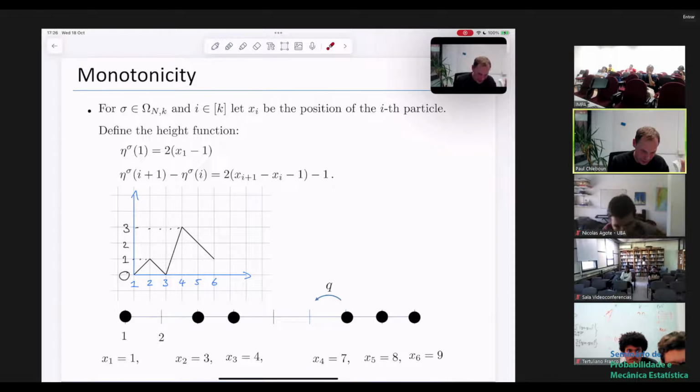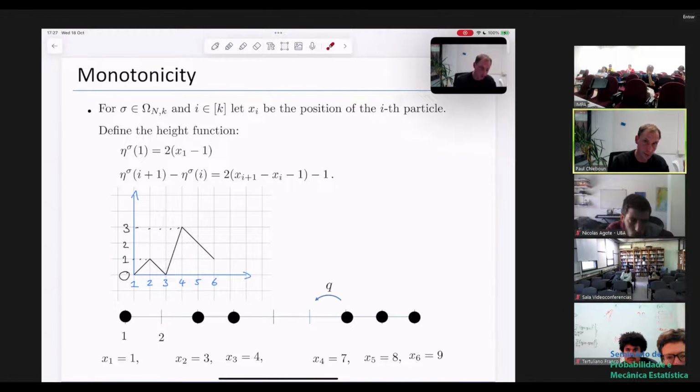So the reason we define it like this is because the only place the height function can change is at local min and local max. And every time a particle moves is the same as moving a local maximum down by 2 or a local minimum up by 2.